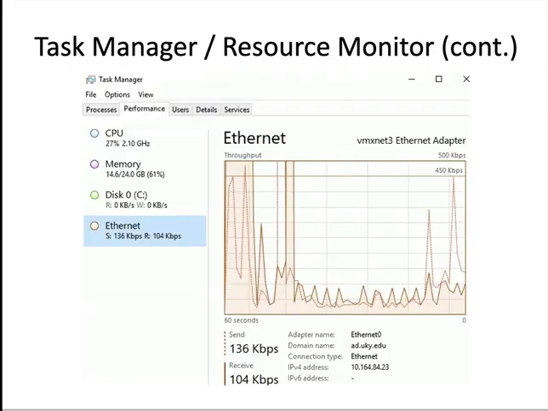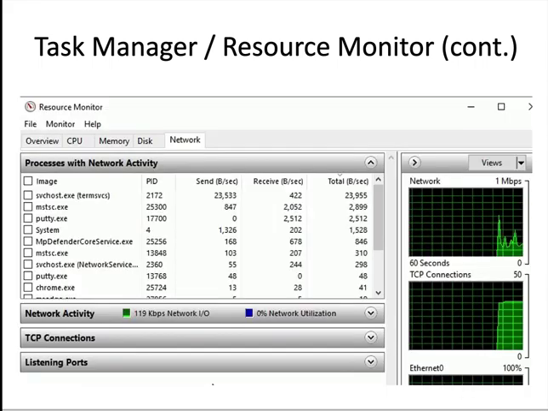Here we can look at the Ethernet and see how many packets are being sent and received and how much network bandwidth is being consumed. We can also look and see what processes are sending and receiving packets and how many they have sent or received. And then over on the right, we have a network graph of network utilization for different types, including Ethernet 0, which is one of the interfaces on the machine.